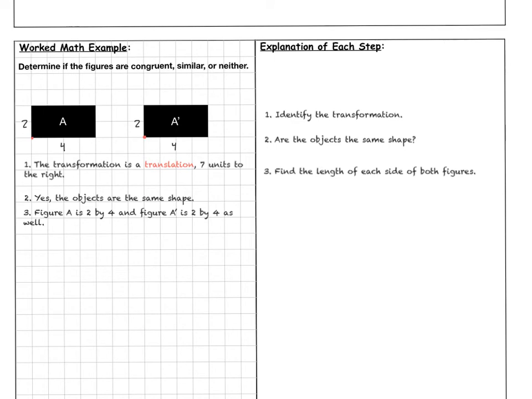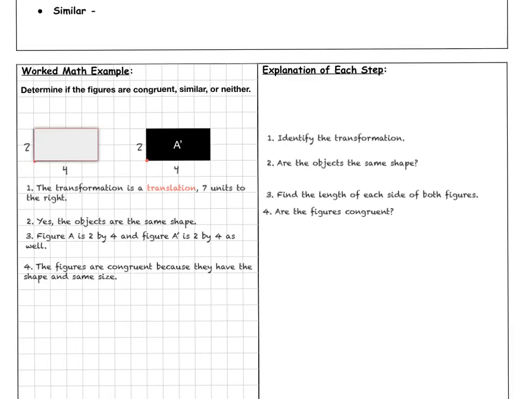From our definition, we know that figures are congruent if they have the same shape, same size, and same angles. In this case, if they have the same shape, then they're going to have the same angle measurement. Question is, are the figures congruent? Yes, they are congruent because they have the same shape and same size. Now I want you to grab your tracing paper and trace figure A. Once you've traced figure A, I want you to move it 7 units.